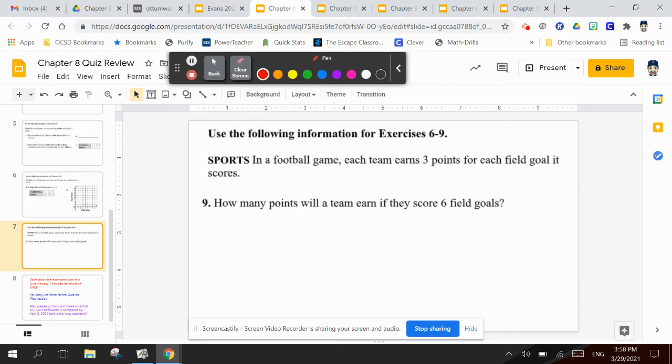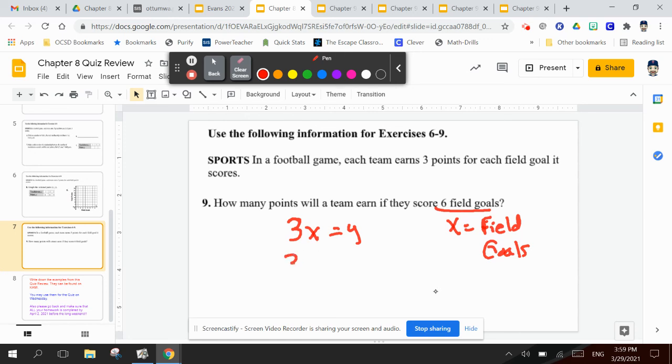So then it asks how many points will a team earn if they score 6 field goals. If I think back to my equation on number 6, which is 3x equals y, where x equals the field goals, if I score 6, I'm going to take out my variable and put in 6.